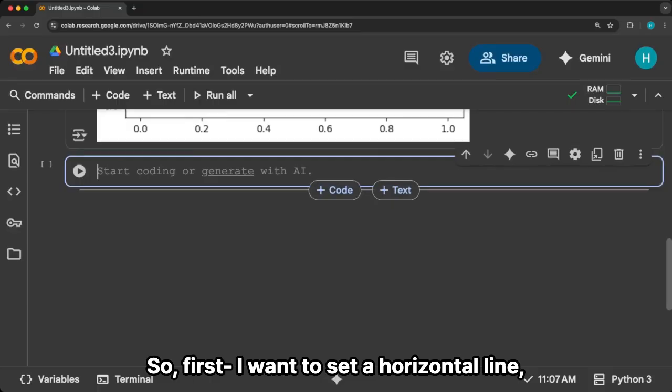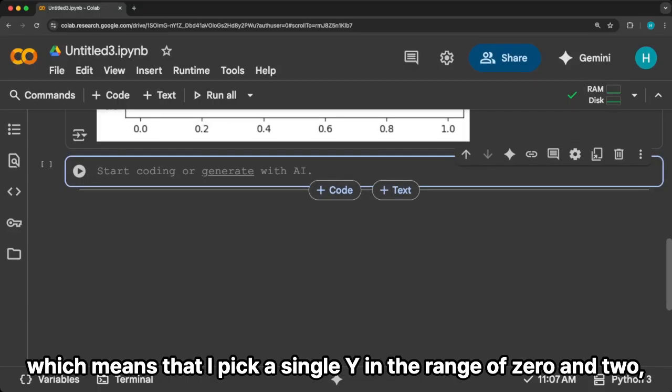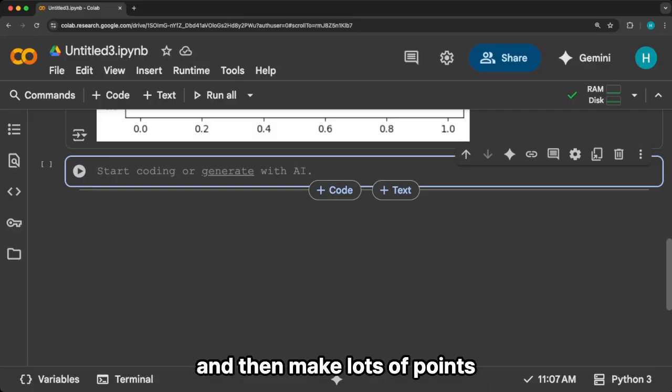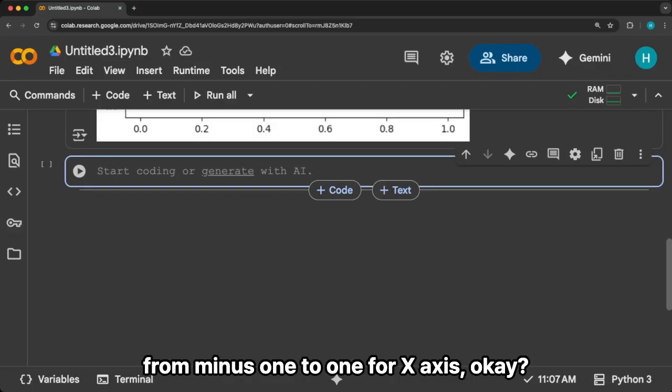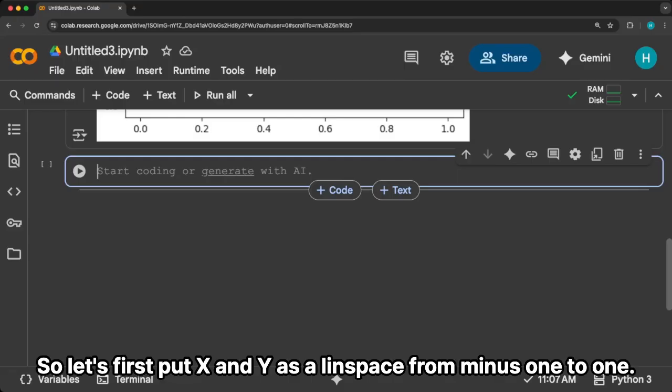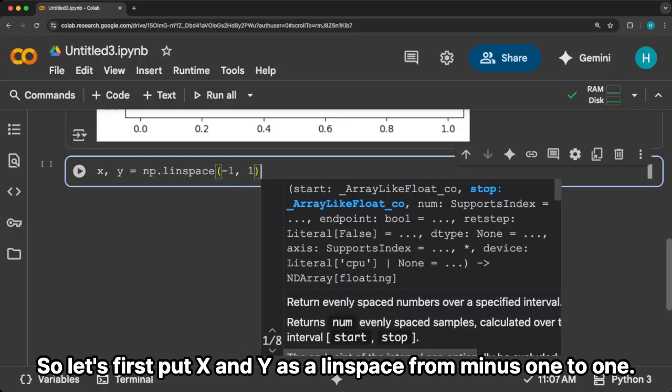First, I want to set a horizontal line, which means that I pick a single y in the range of 0 and 2, and then make lots of points from -1 to 1 for the x-axis. So let's first put x and y as a linspace from -1 to 1.